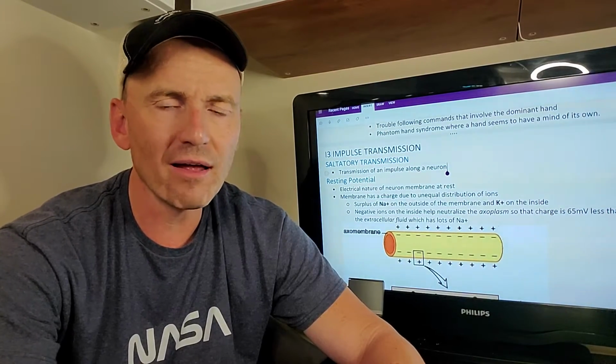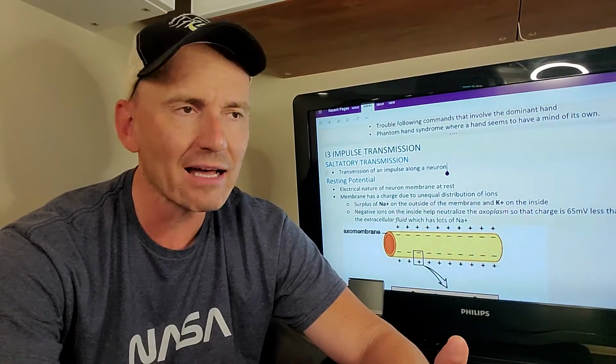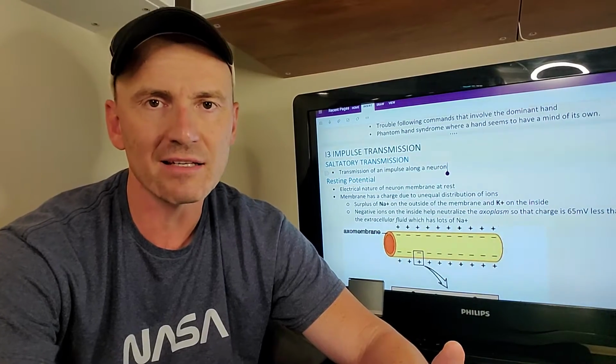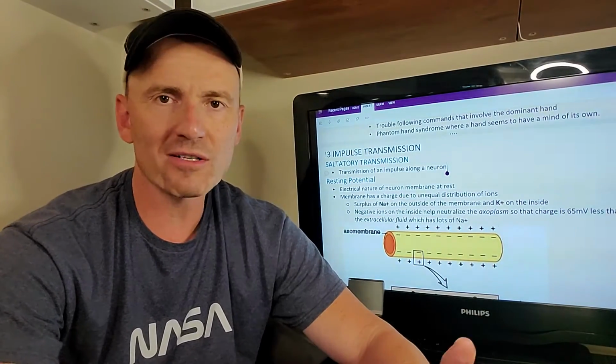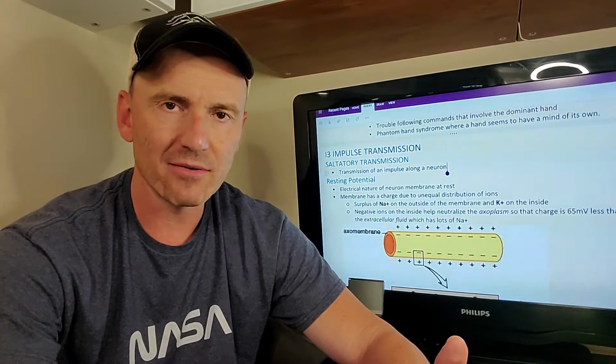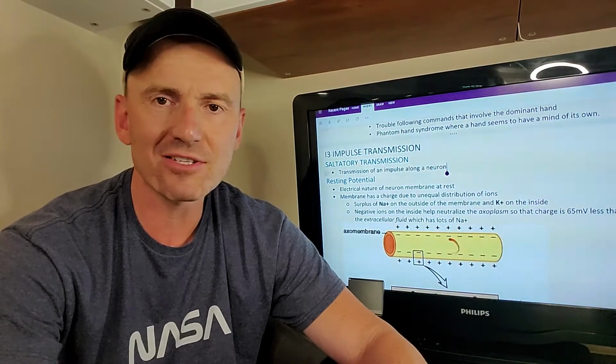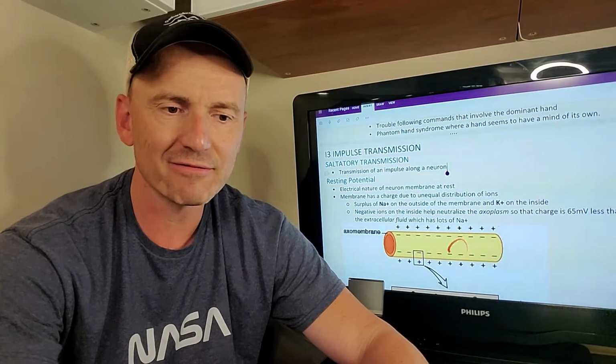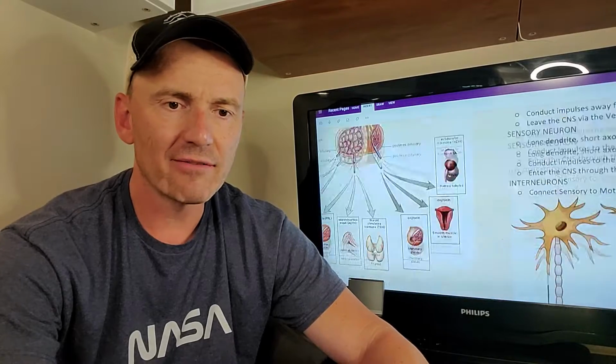Because the axon is the thing that was studied, we're going to see words like axoplasm. Axoplasm is just the cytoplasm of the axon. If you need to review what an axon is, here it is. There's the cell body, there's a motor neuron, there's a big long axon.